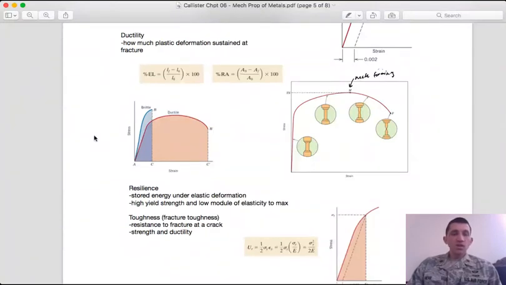But if dislocations can move, then you get lots of yielding, and the material is very ductile. If they can't move, then it takes a lot of stress to make them move, and that corresponds to a very strong material. But if they can't move, then they're not very ductile. So strength and ductility is very much a zero-sum trade-off, in the sense that if you increase one, you decrease the other.